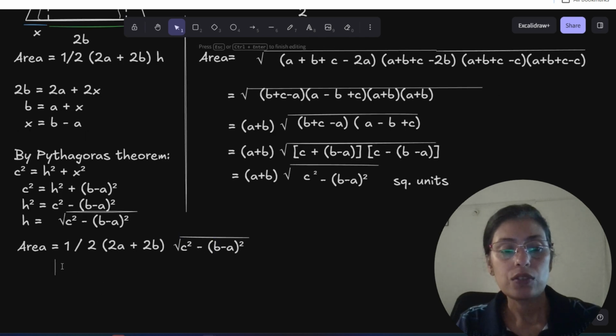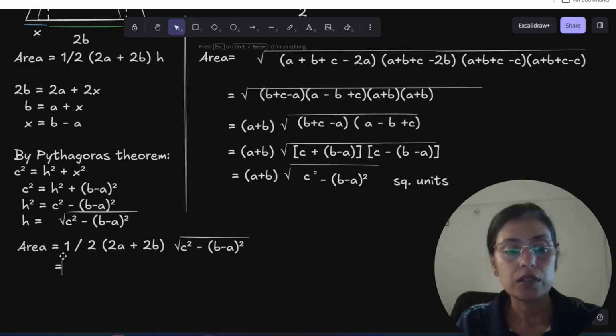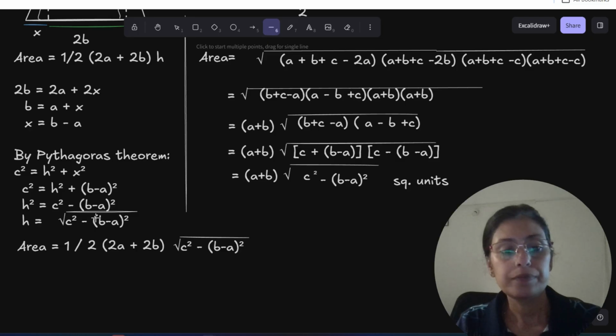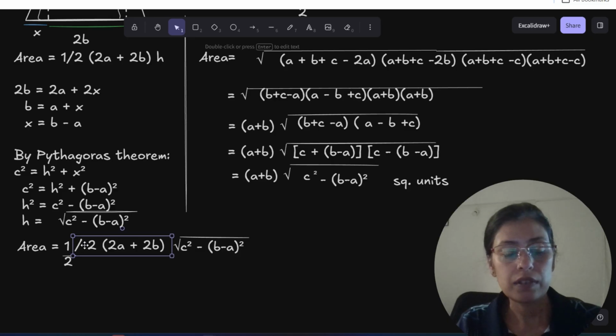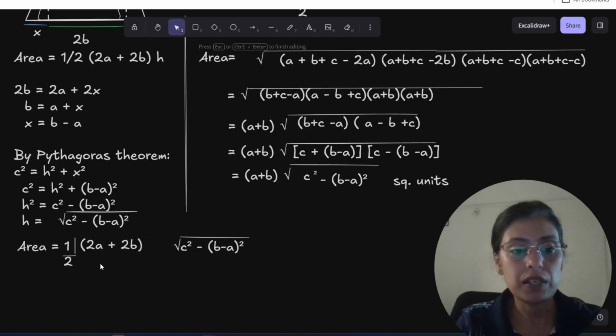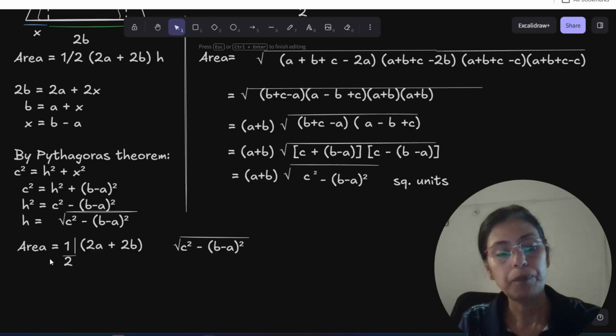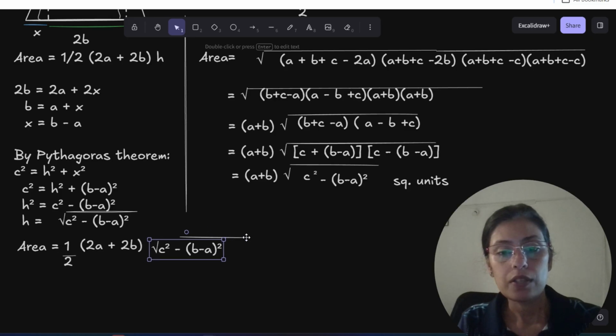Okay, so the 2 and 2 cancel here. If I write this way, by 2 rather than the slanting one, it will give a clearer picture, right? So let's move it here.